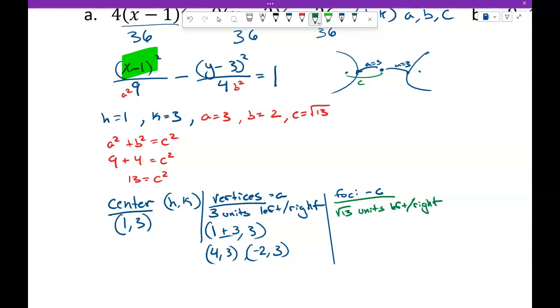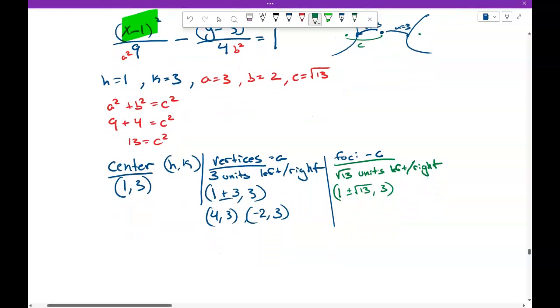And that's going to be approximately 3 point something. So we have 1, and we're going to add and subtract the square root of 13 from the x value. The precise locations will be 1 plus the square root of 13 and 1 minus the square root of 13.